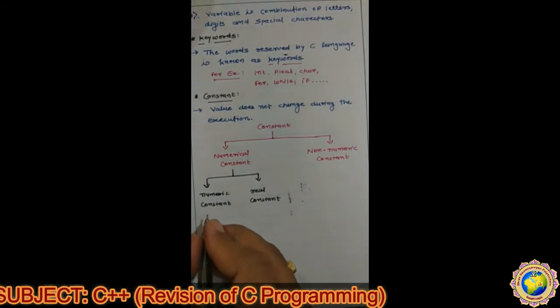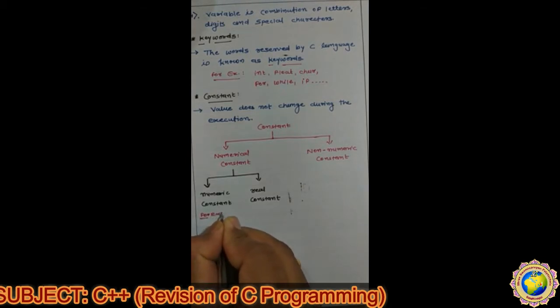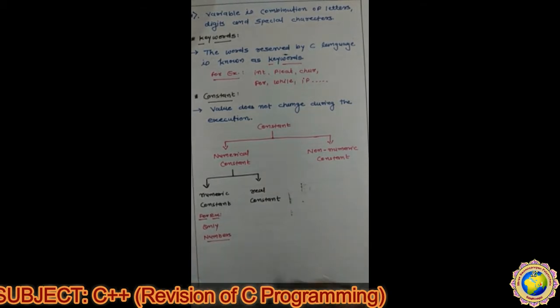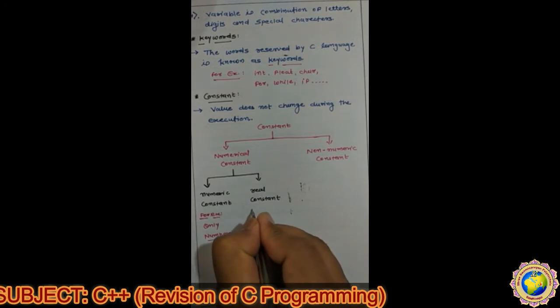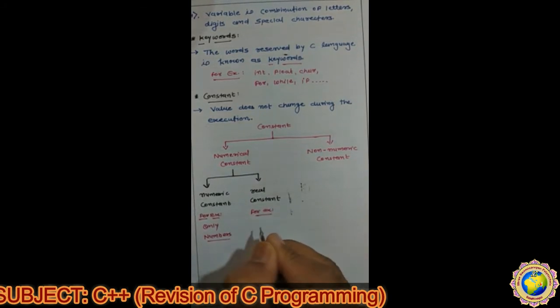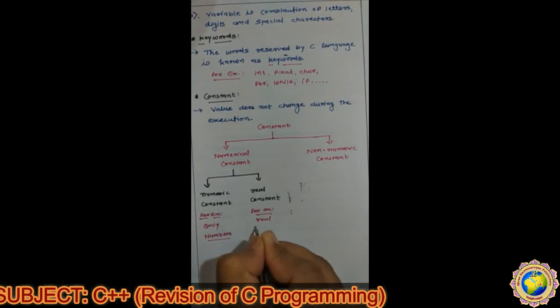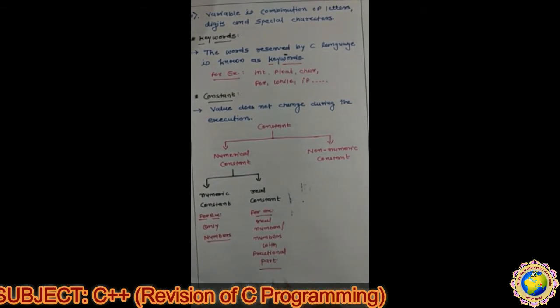In the integer constant, only whole numbers are included, and real numbers, or numbers with a fractional part, are included in the real constant.